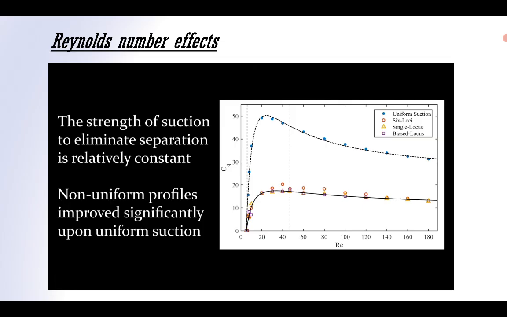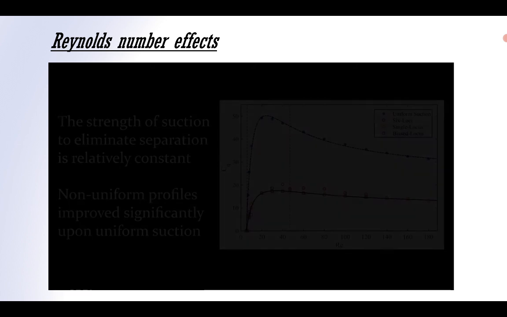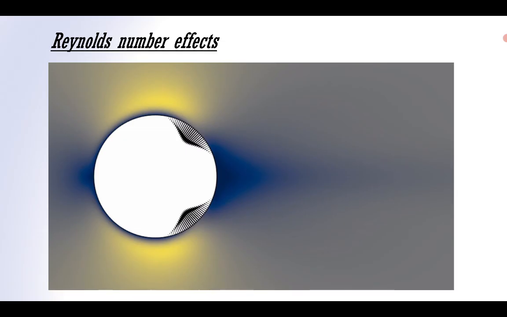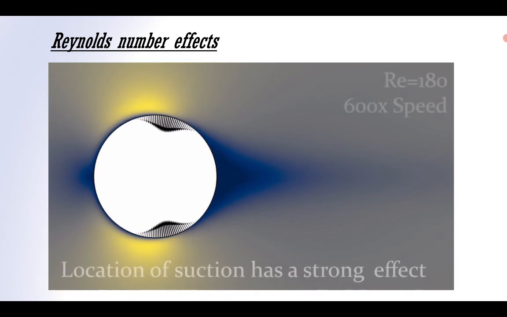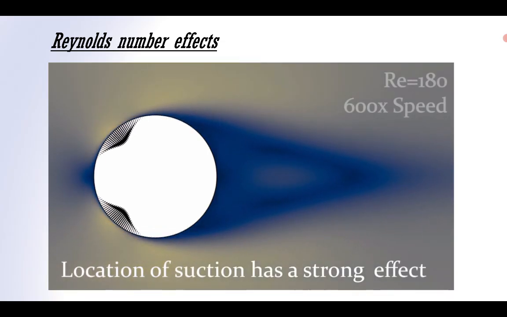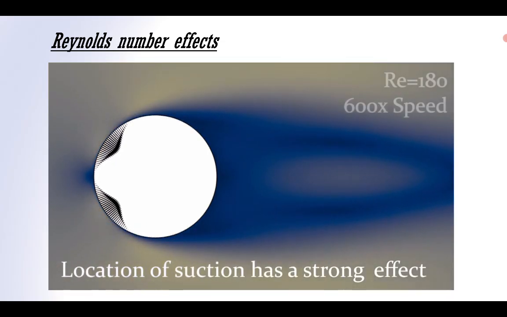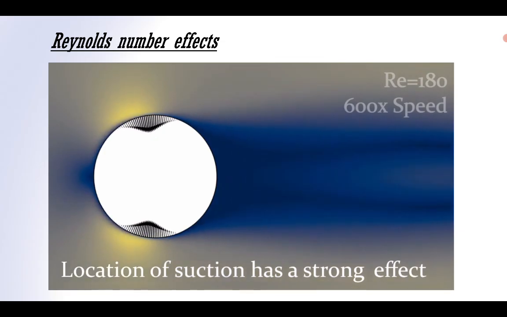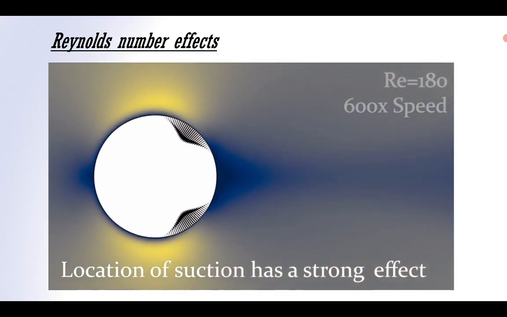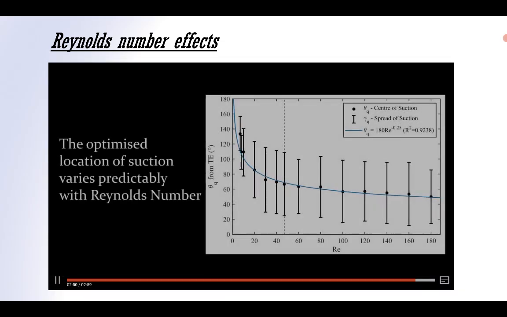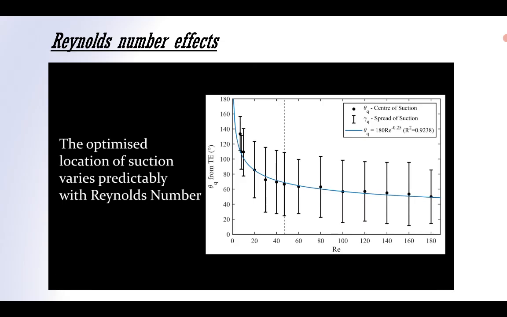What else? You can see here. Okay, this one shows the different locations of the suction in the cylinder that have a strong effect on the flow structure over the cylinder.